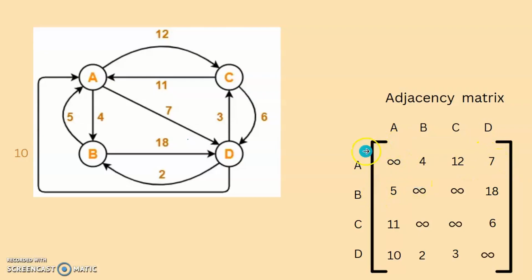And B to A, you see that there is a direct edge with the weight of 5. And B to B it is infinity. And B to C, there is no direct edge between B and C, so it is represented as infinity. For B to D there is a direct edge, you represent it as 18 because the weight is given as 18. So like that we have to fill the adjacency matrix.